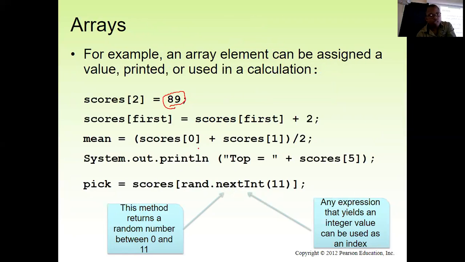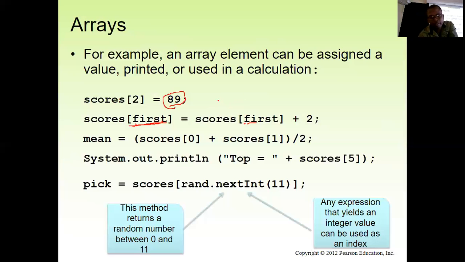Now, note here also, if we have a variable called first that has, say, 5 in it, then automatically scores of first will get the value of first, so this becomes 5. And then we can say scores at position 4 will get the value of whatever is in scores position 5 plus 2.